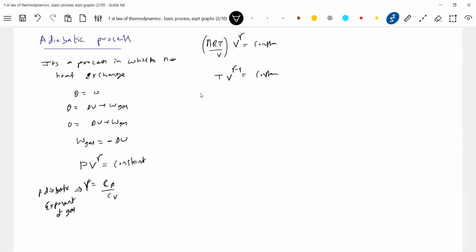Okay, let's go for how pressure and temperature are related. I can replace volume in terms of pressure: V can be written as nRT by P. So P to the power of 1 minus gamma, T to the power of gamma, equals constant.